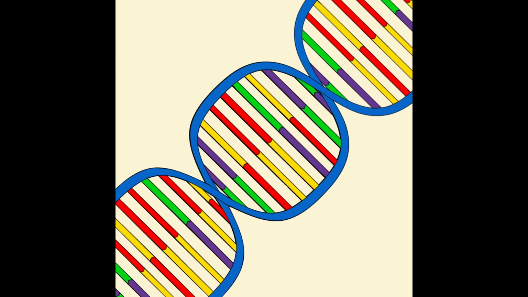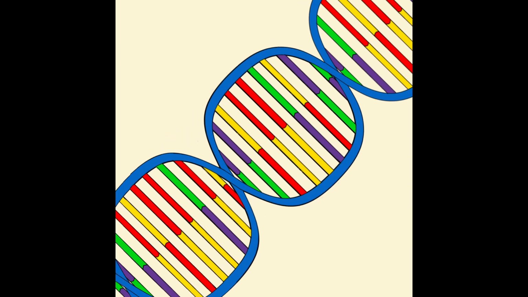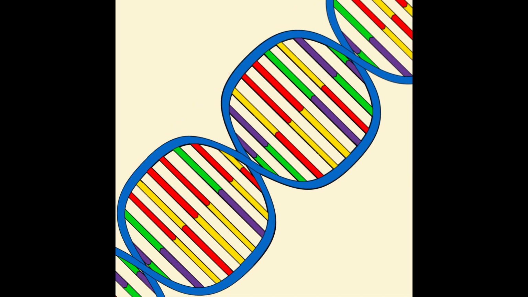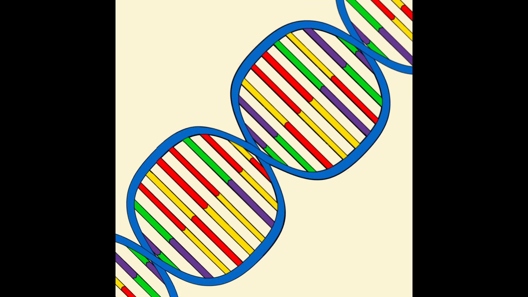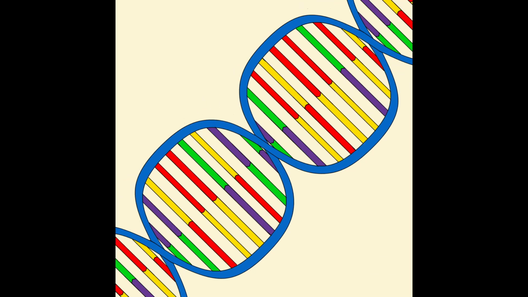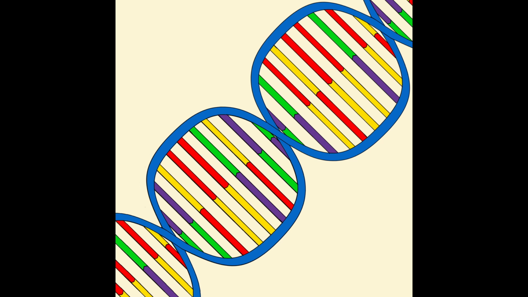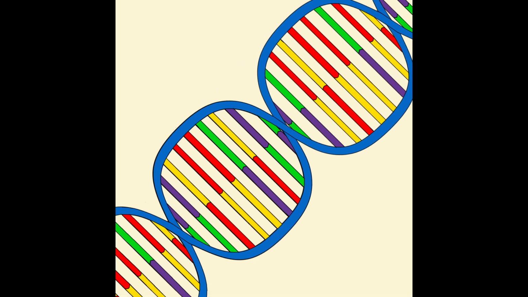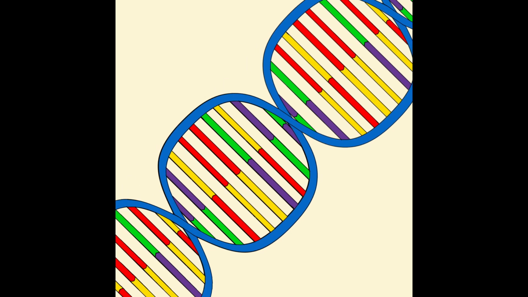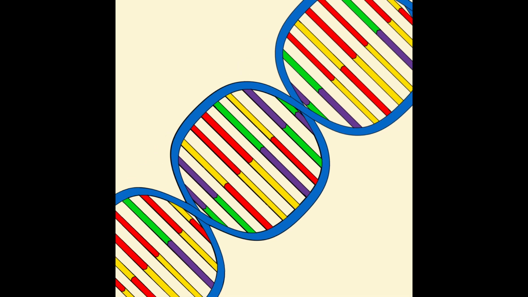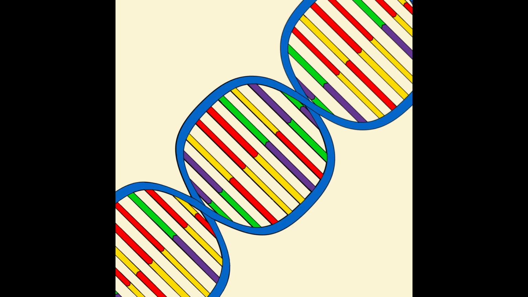The cell quickly ties the ends back together, and this often causes a mixing of a few of the letters by either adding or removing, which can end up either knocking out genes or even knocking in. This is like tying the rope back hastily after cutting, so you might end up losing some of the fibers or even end up with a big knot.